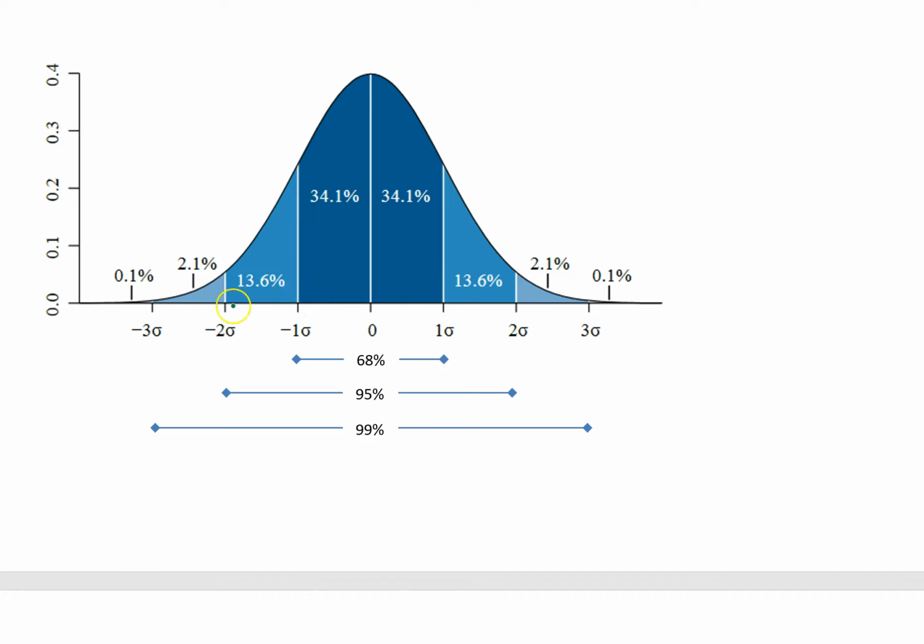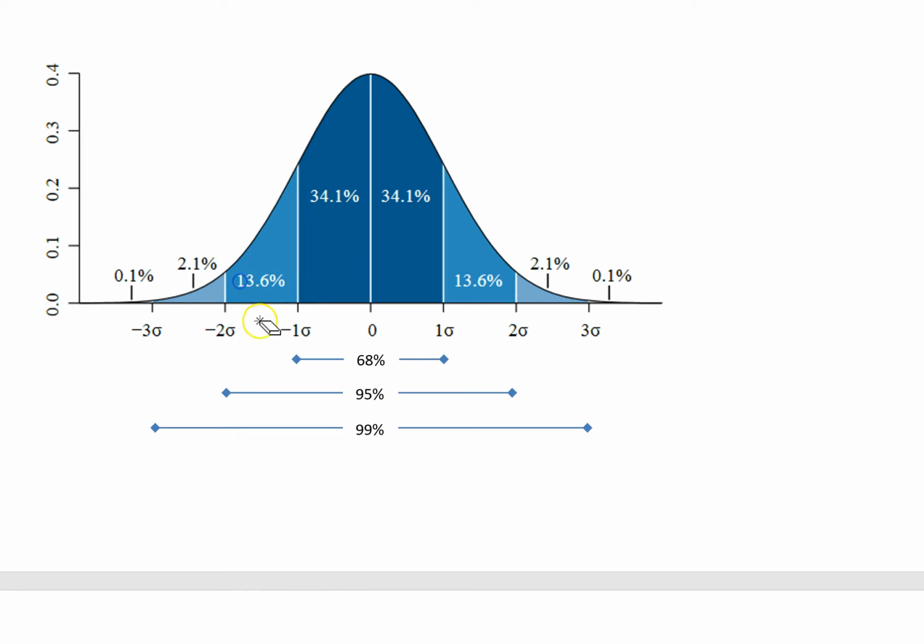And let's take a look at 2 standard deviations below the mean and 2 standard deviations above the mean. If I were to add the 13.6, 34.1, 34.1, and 13.6%, I would get something that's close to 95%. That tells us with a bell curve distribution, 95% of the data falls between 2 standard deviations below and 2 standard deviations above the mean.